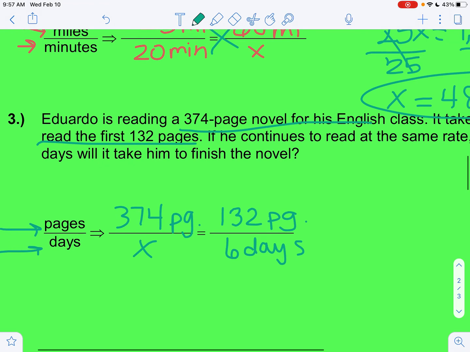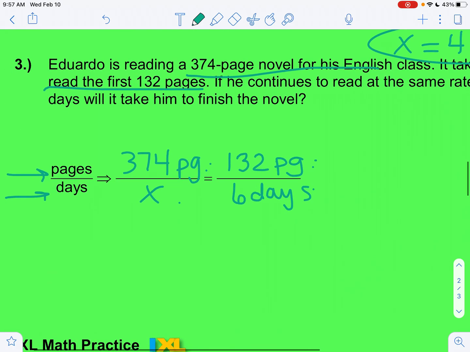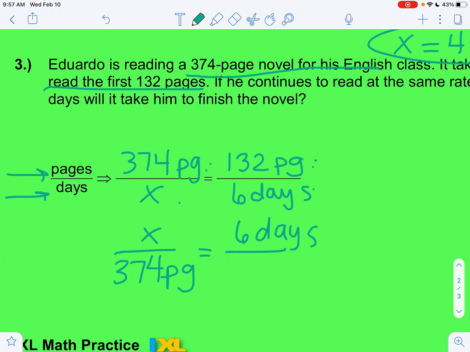You have to make sure you're being very consistent that pages is on the top for both of them, and days is on the bottom for both of them. I could set up my ratio the opposite way and have pages be on the bottom and days be on the top, you'll get the exact same answer. But you want to make sure that pages is consistent either on the top or on the bottom.